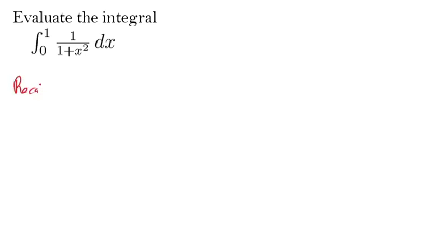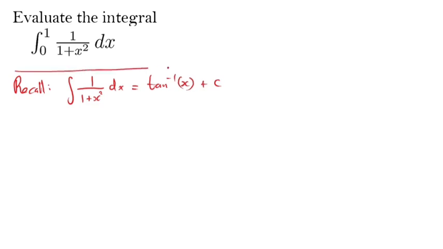So let's recall that the integral of this standard form with respect to x is simply the tan inverse of x plus the constant of integration c, but we're not going to be using the constant of integration because what we have is a definite integral.